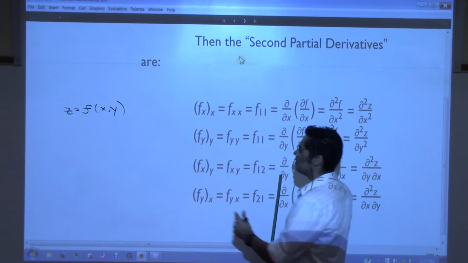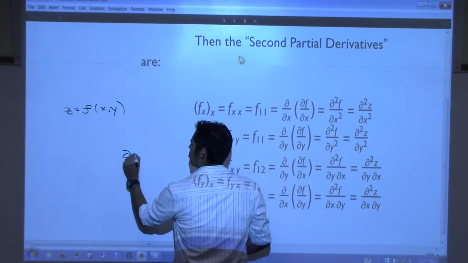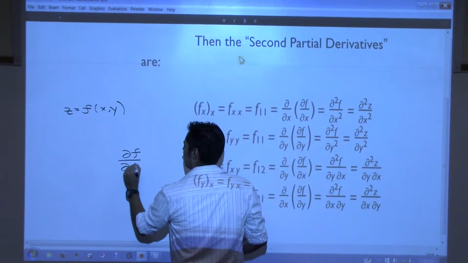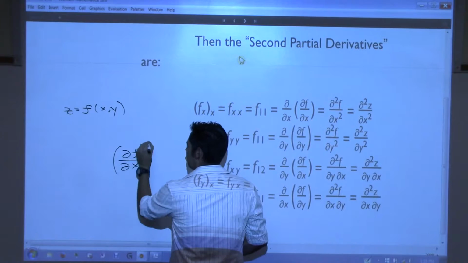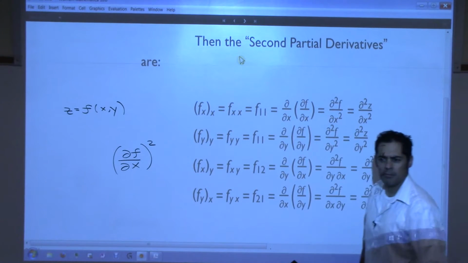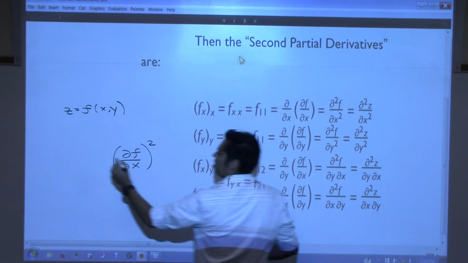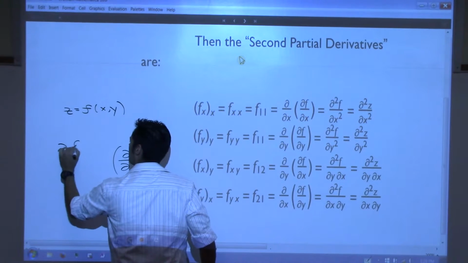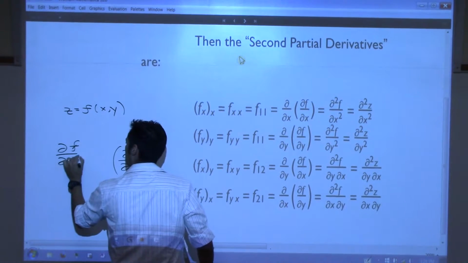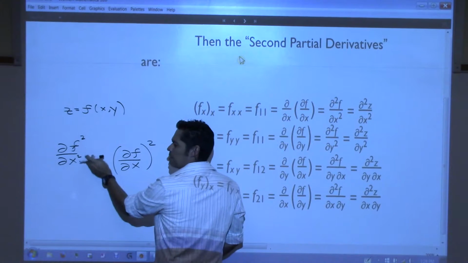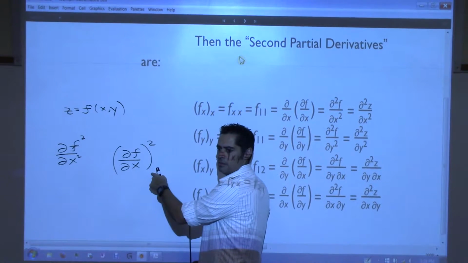But think of it this way, though. If I wrote partial of f with respect to x squared, what does that mean? That means take the derivative with respect to x first, and then square the answer, right? And if someone wrote this down with the squareds both here, you might think they mean that.